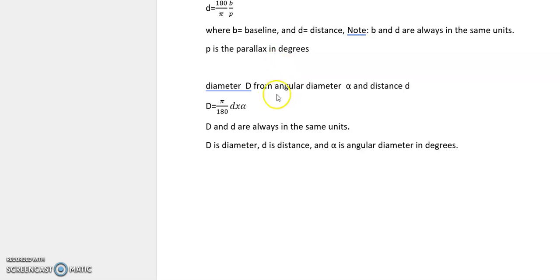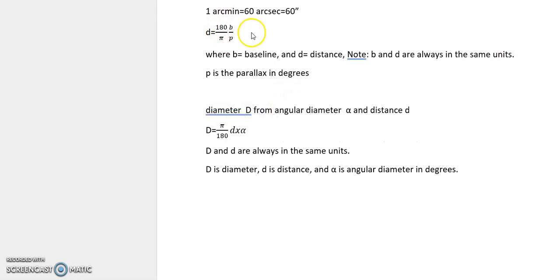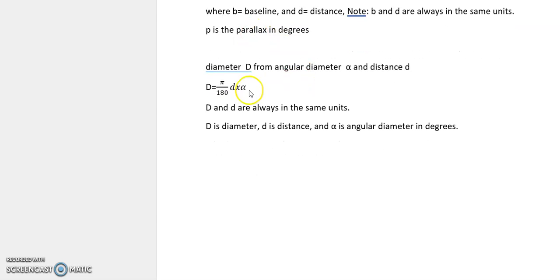And here's the last equation, and it's actually very similar to the parallax equation. It says the diameter of something, so I'm using a capital D, is pi over 180 times the distance to the object times the angular size of the object.